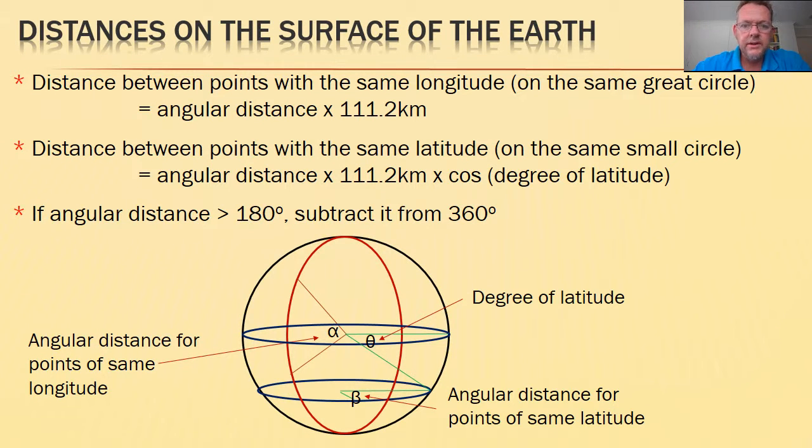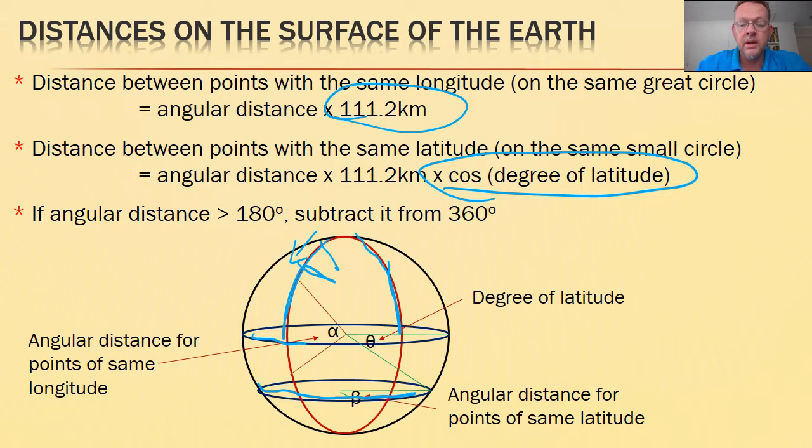We've also noted that they're on a great circle, so any line of longitude or the equator, there are 111.2 kilometres per degree. So if I've travelled 10 degrees along this line of longitude, I have just travelled 10 times 111.2 kilometres. If I'm travelling across a small circle, then we need to multiply by the cosine of the degree of latitude in this equation.